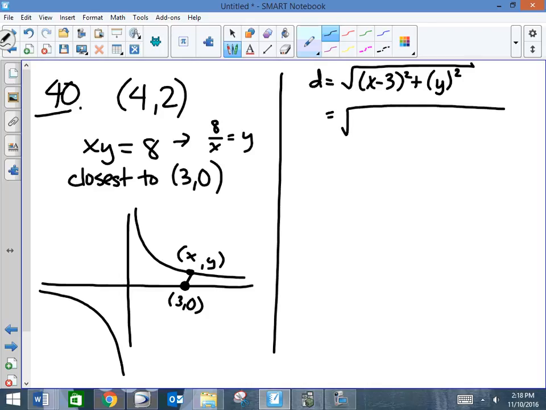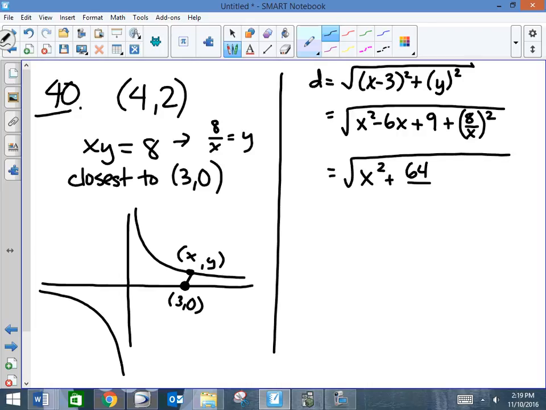Now, let's swap y out. What's y? 8 over x. Okay, so 8 over x squared. Okay, so far so good?